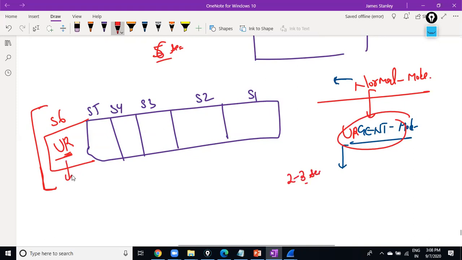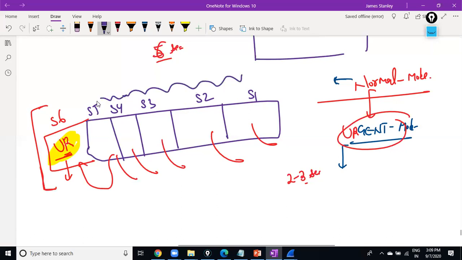Okay, some urgent pointer is there, so let me finish all this processing faster, and then I'll reach this one. One book was saying it will give the first priority to this one; the other book was saying it will go one by one, but the processing speed will increase. In normal mode, to reach up to 6 segments it will take 6 seconds, say, or 6 milliseconds I'm talking about.